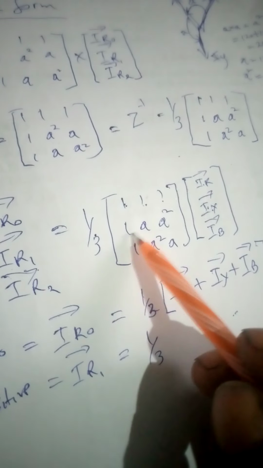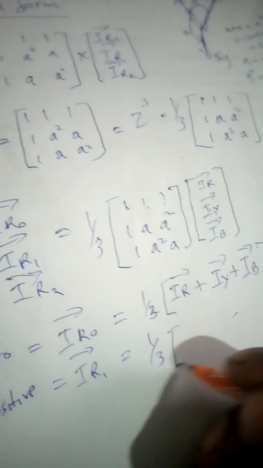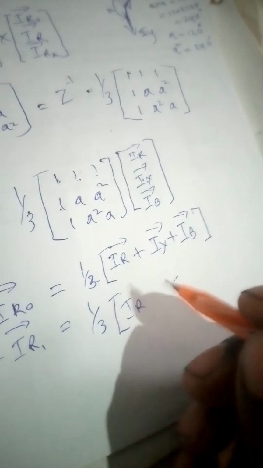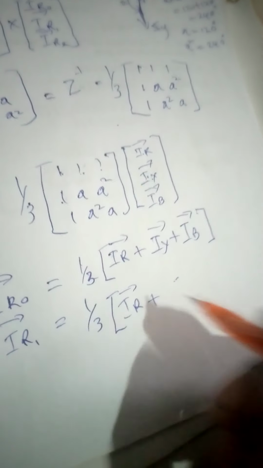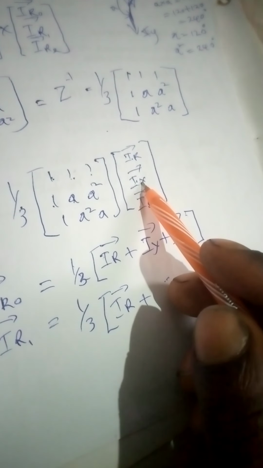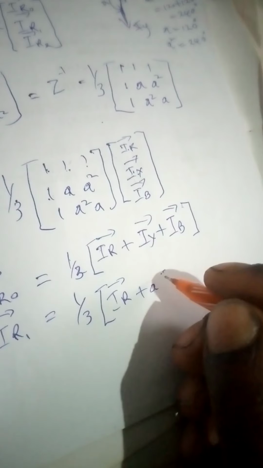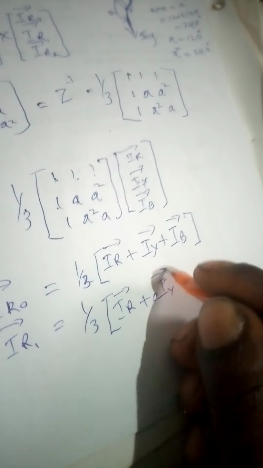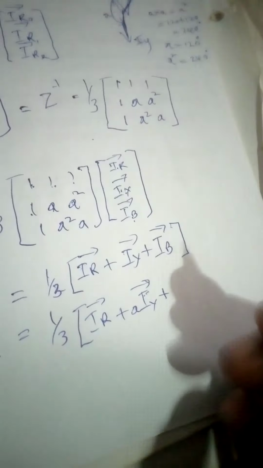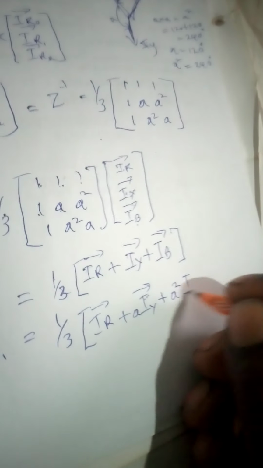So a third, let's multiply this. We are going to have 1 multiplied by R1 will be IR, plus A multiplied by IR at yellow, it will be I at yellow, plus A squared multiplied by I at blue will be A squared I blue. That one is a positive.